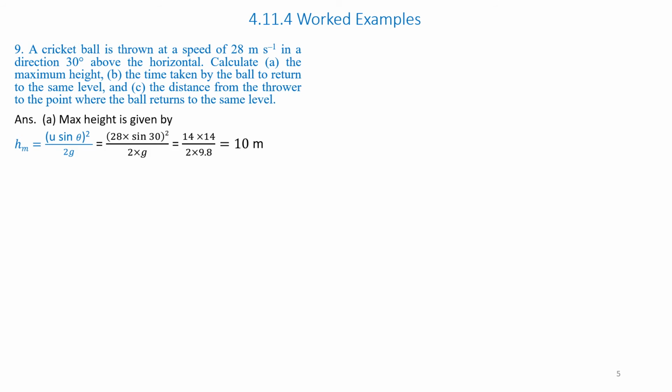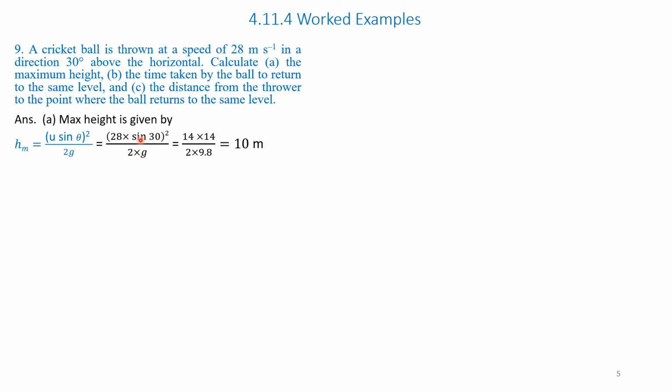Maximum height is given by h_m is equal to (u sin theta) whole square by 2g, where u is the initial velocity, theta is the angle of projection, and g is the acceleration due to gravity. u is given as 28 meters per second, and theta is 30 degrees. We have to write the whole square.